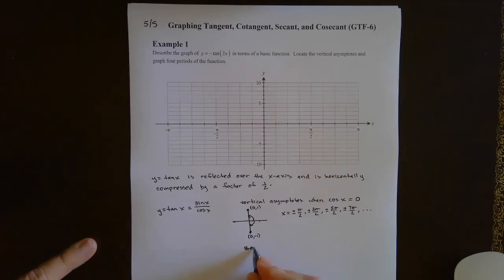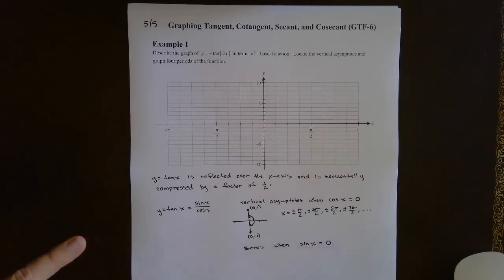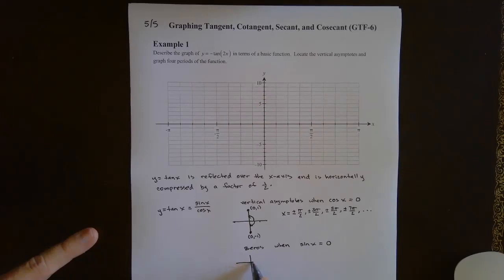Zeros, which is x-intercepts, okay? Zeros are going to happen when sine of x is equal to 0. So when is that going to be 0? Well, if we think about that unit circle that we're going around, sine is the ratio of y over r.